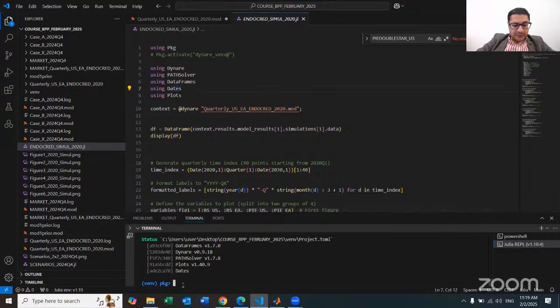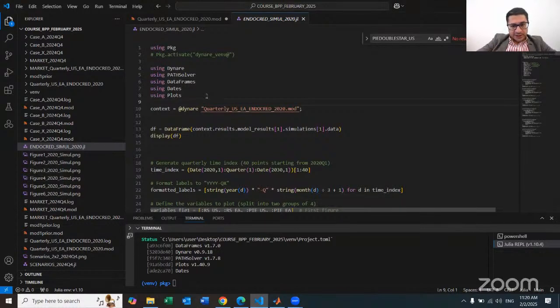When you are in your virtual environment, in packages, and you have installed all these 5 packages: DataFrames, Dynare, PATHSolver, Plots, and Dates, you need to say using. So you have installed them, but you need to declare it: in Julia, using Dynare, using PATHSolver, using DataFrames, using Dates. You need to do this. It is kind of activating these packages for certain tasks.